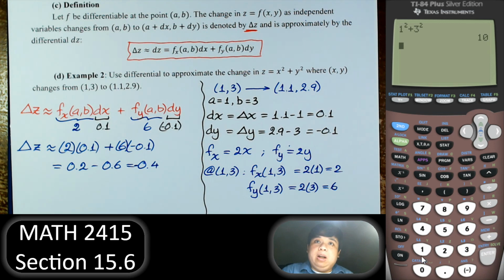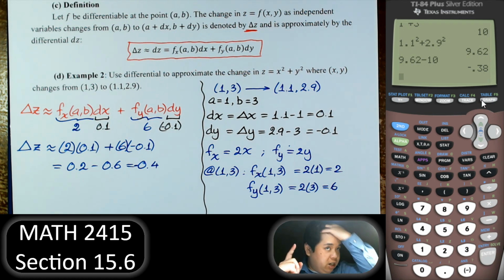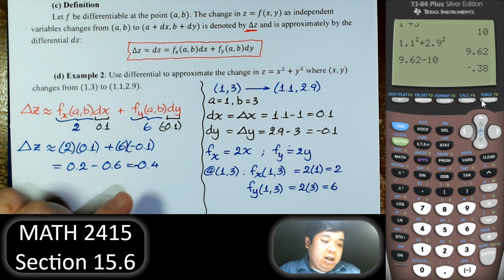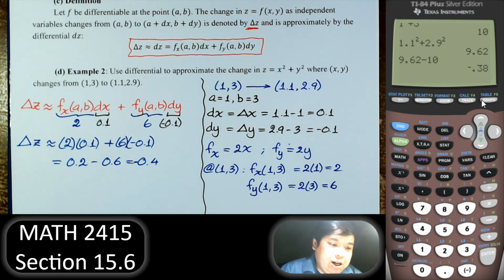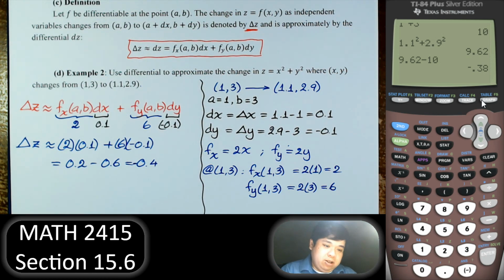Now the 1 becomes 1.1 and 3 becomes 2.9, and we take the final minus initial. So we have negative 0.38. That is the actual difference, negative 0.38. The approximate change is negative 0.4. So it should be close enough, right? So just use that form.